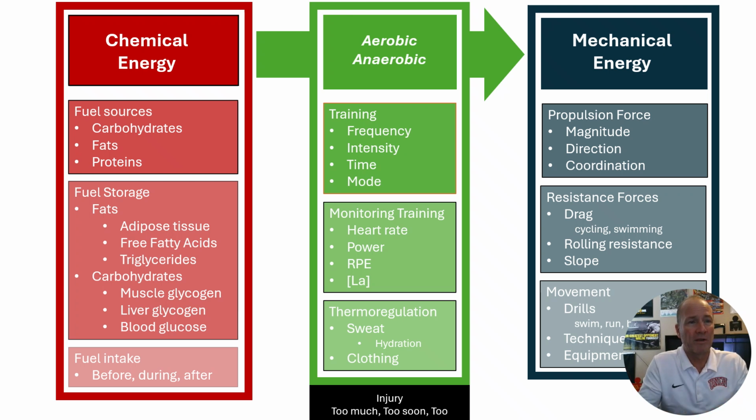But what we might want to do for certain sports is understand how well the aerobic system is transforming chemical energy to mechanical energy, or how much it's being used. Or we might want to know how much the anaerobic metabolic pathway is active during some type of activity. Because both of these are transforming chemical energy to mechanical energy, just with different chemical steps.